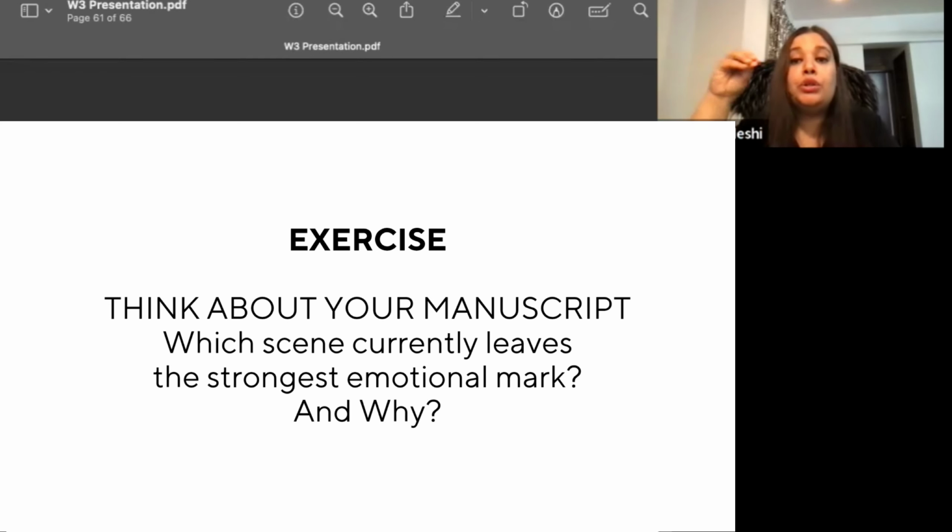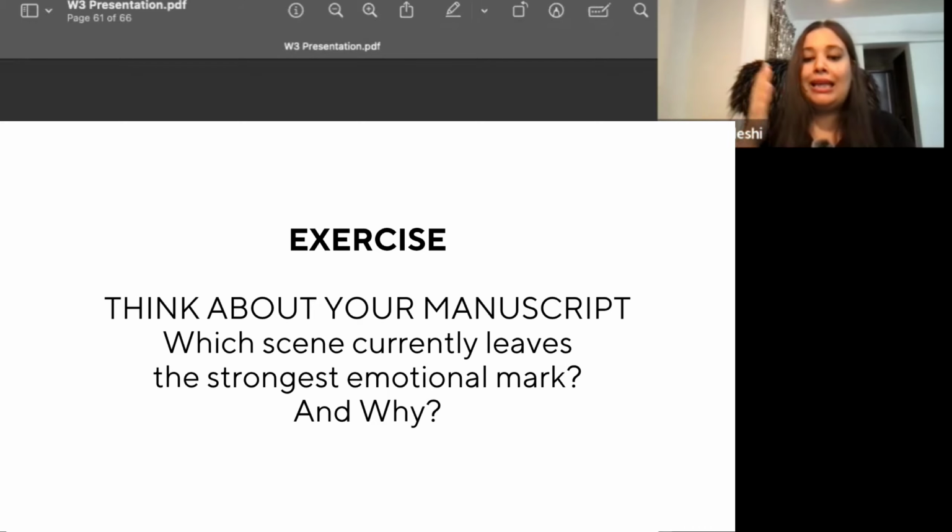I want you to think about it nicely and maybe I don't know how you plan your novels, but a very good way of doing it is creating a table, or maybe in a physical notebook you can just draw a table and keep a track of scenes, number them, label them, and make notes about them.